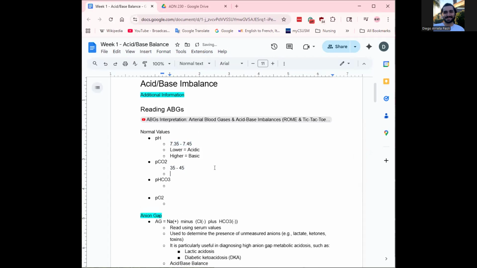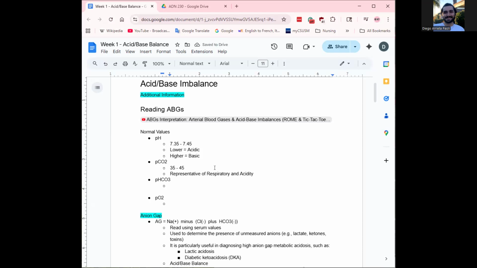And this CO2 is going to be representative of respiratory, and I would also recognize it as representative of acidity. So what does that mean?